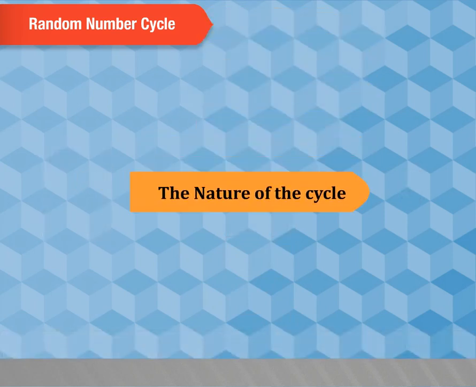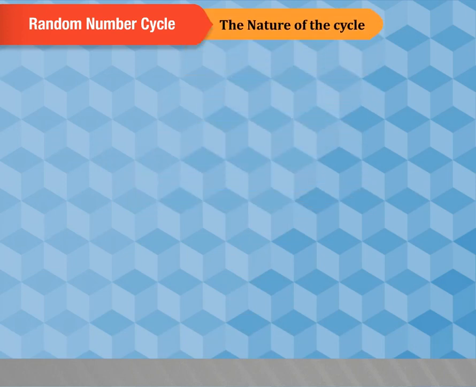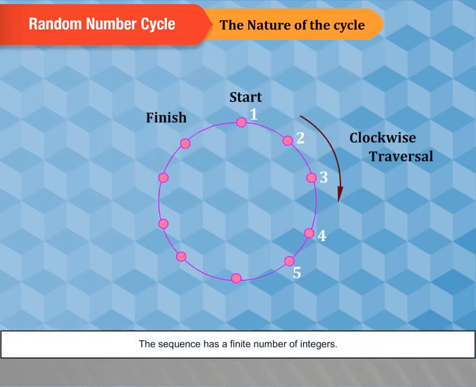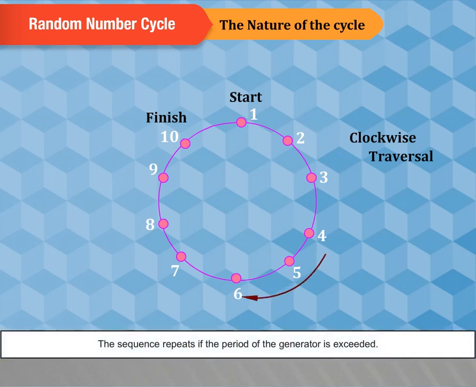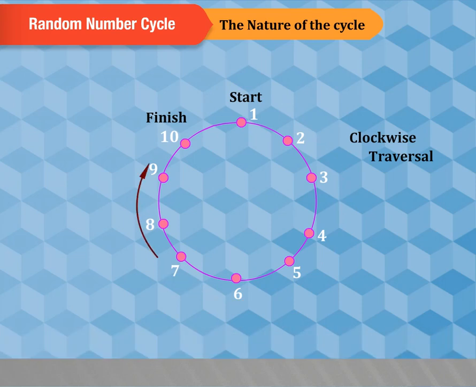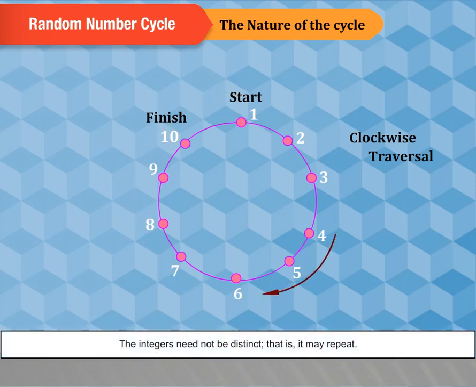The nature of the cycle. The sequence has a finite number of integers. The sequence gets traversed in a particular order. The sequence repeats if the period of the generator is exceeded. The integers need not be distinct, that is, they may repeat.